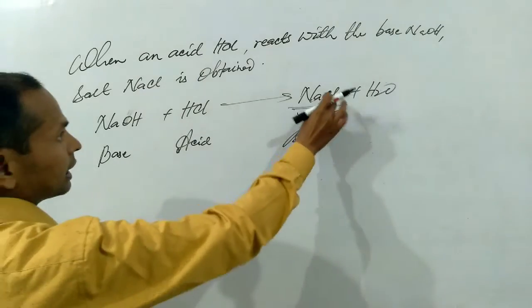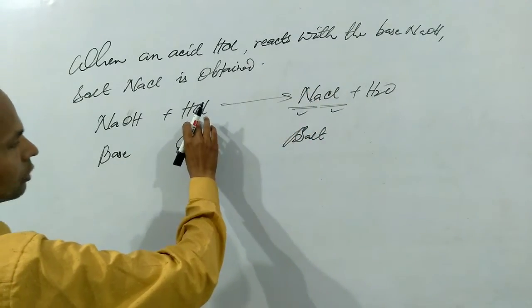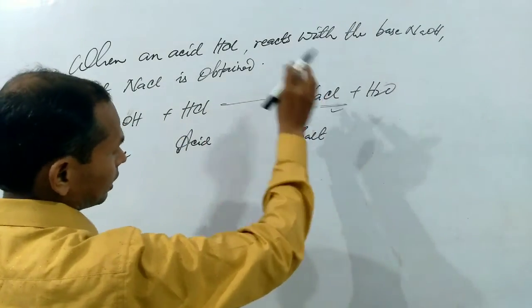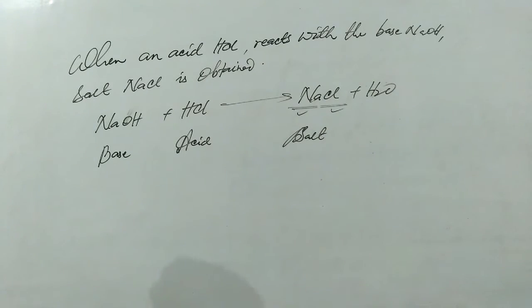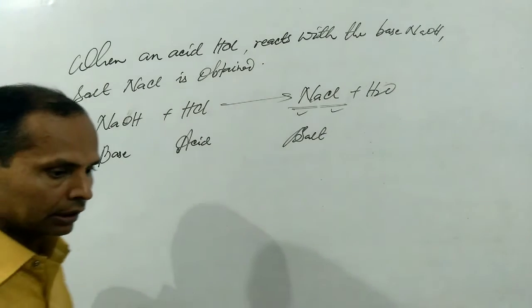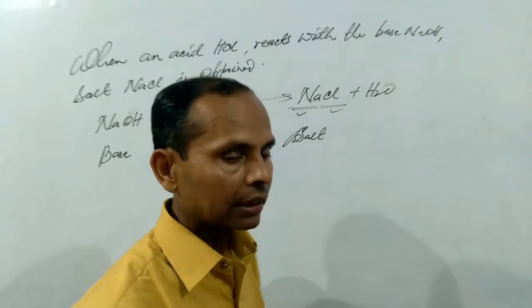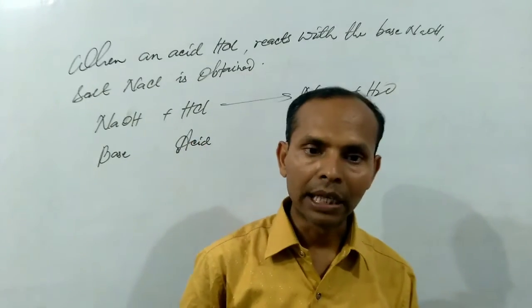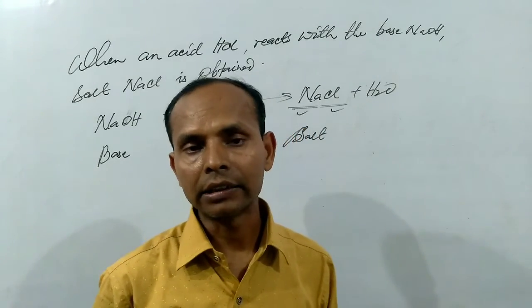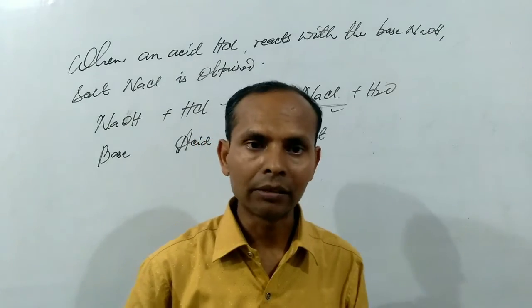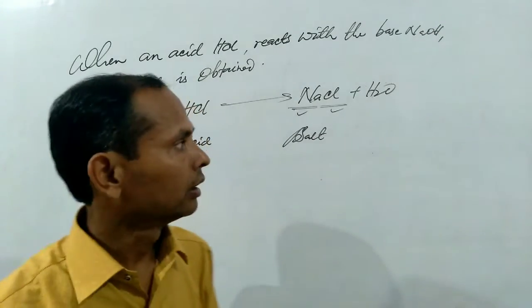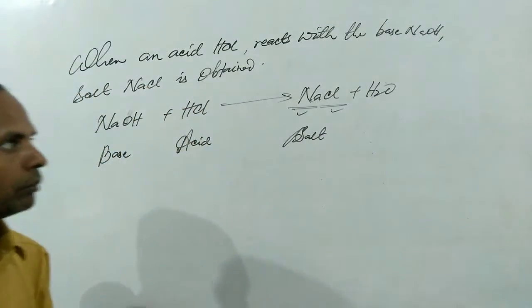Similarly, the chlorine radical is obtained from an acid, so it is an acidic radical. In this way, we can say that acidic radicals are such radicals that can be obtained from acids, and basic radicals are such radicals that can be obtained from bases. These are the definitions of acidic radical and basic radical.